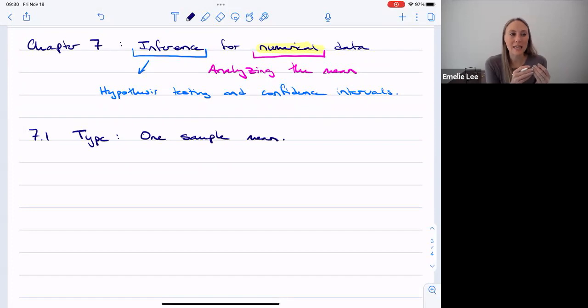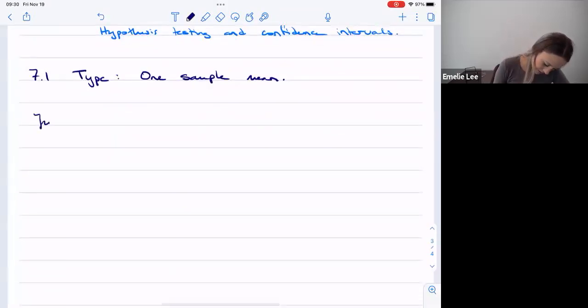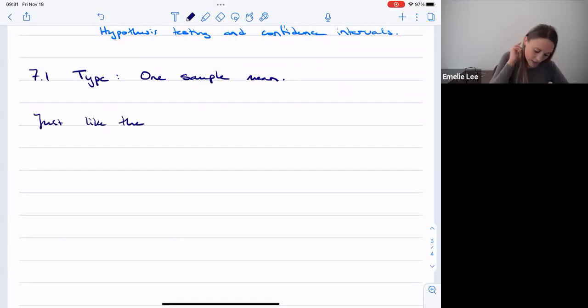Just like in the one sample proportion case, we have a sample mean that we need to compare to some hypothesized mean.